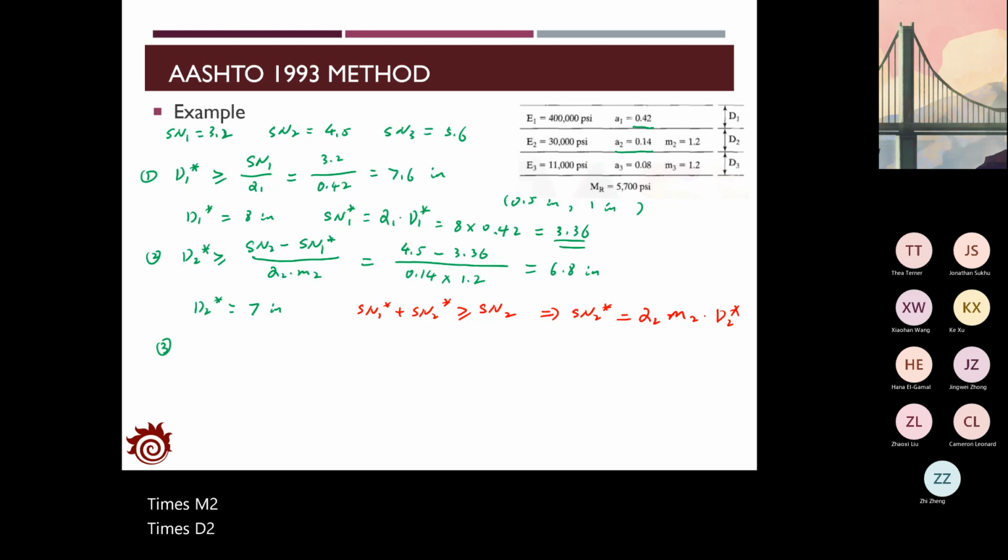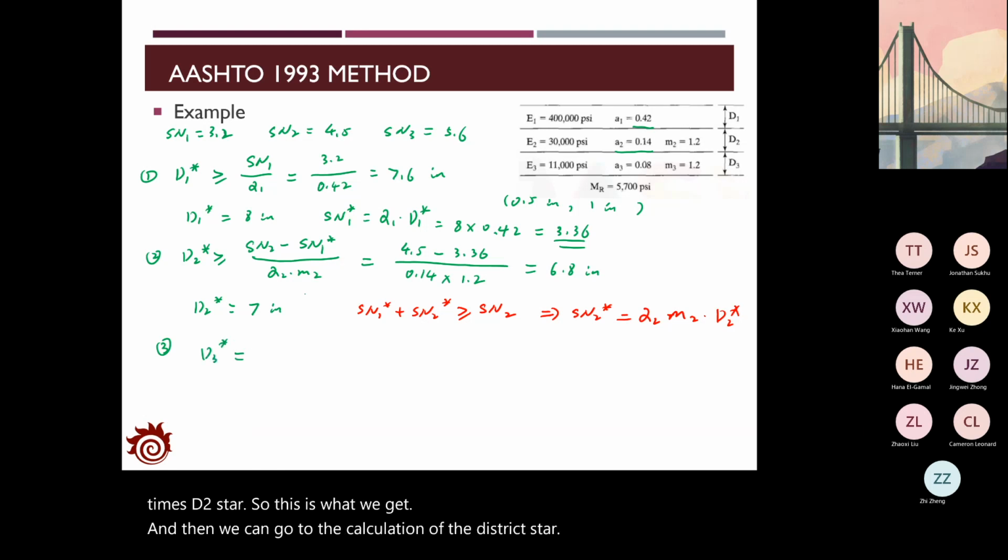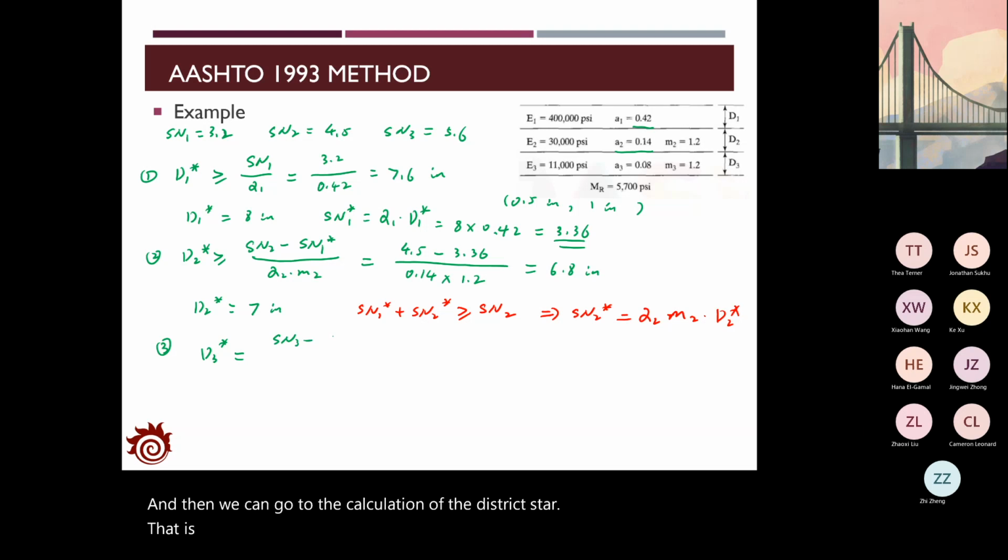So this is what we get. And then we can go to the calculation of the D3 star. That is SN3 minus (SN1 star plus SN2 star) divided by alpha 3 times M3.